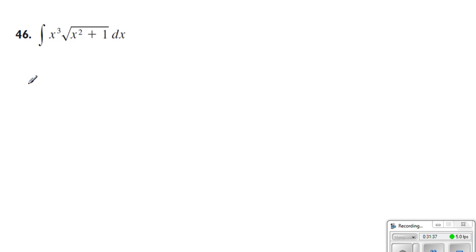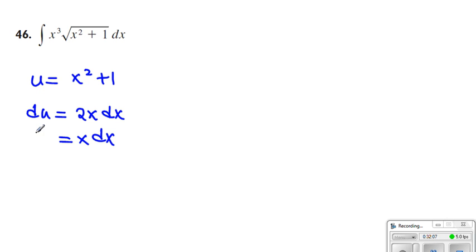So if you have to consider maybe u as x squared plus 1, we end up getting du is equal to 2x dx, since we only have x, then x dx is equal to du over 2.